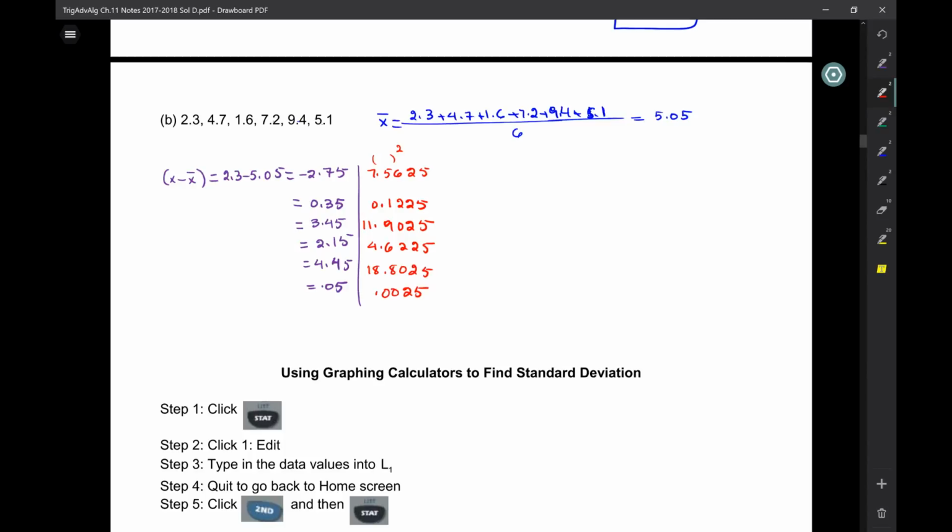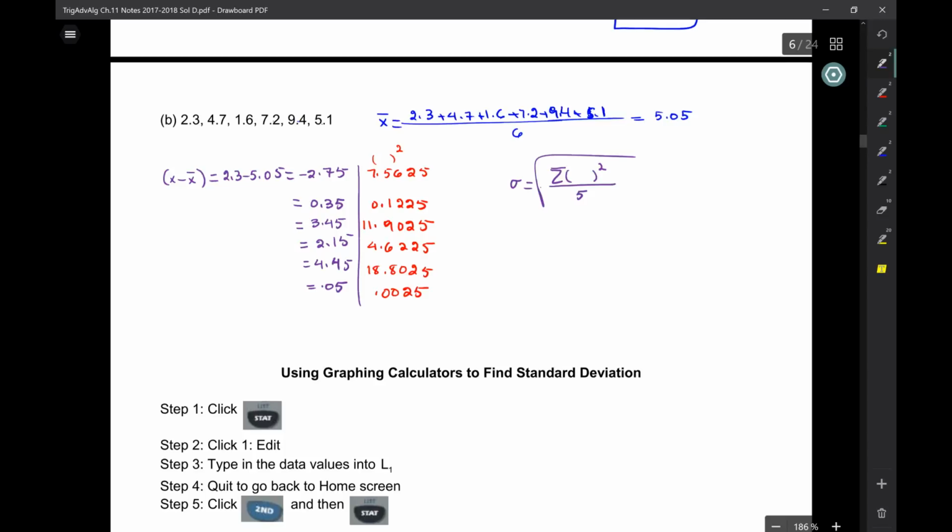What comes next for sigma? I'm going to add these up, divide by 5, and take a square root.